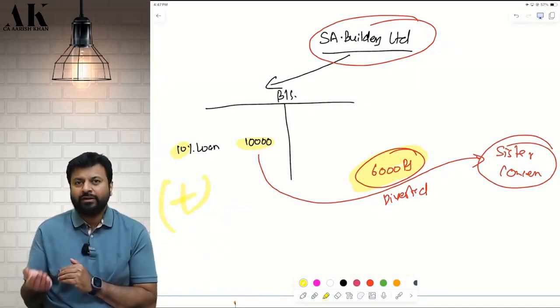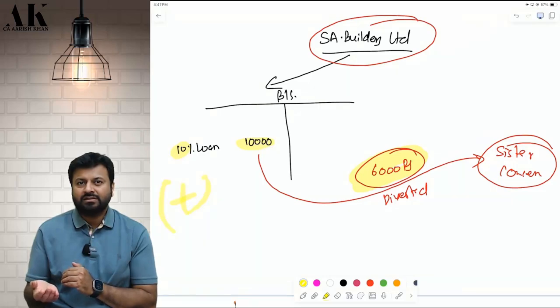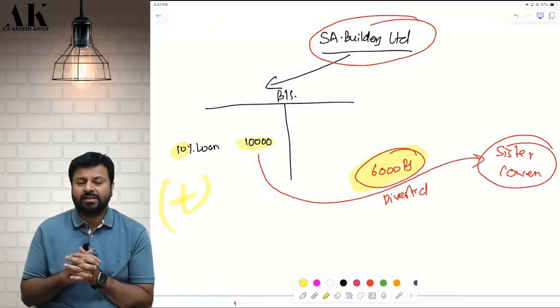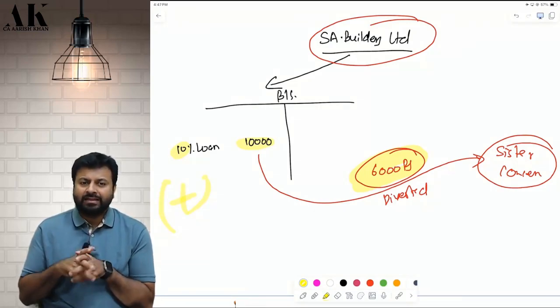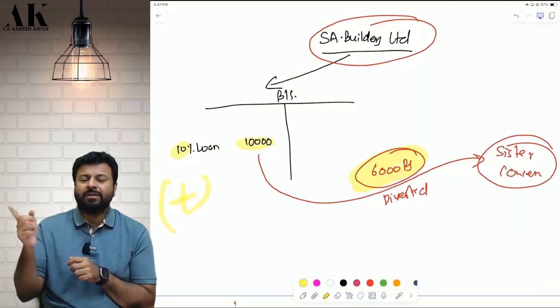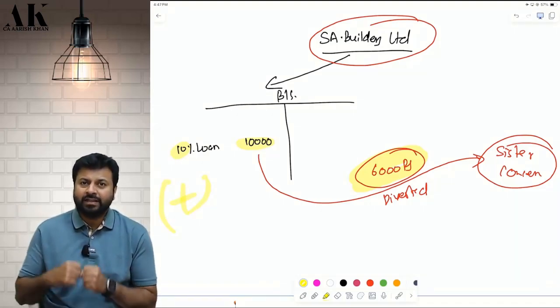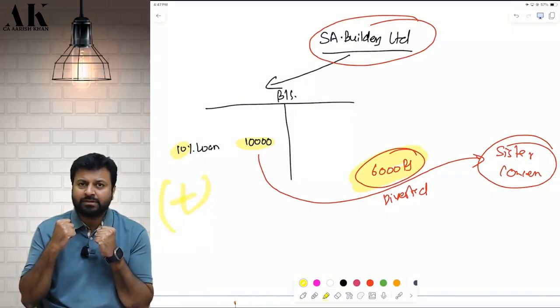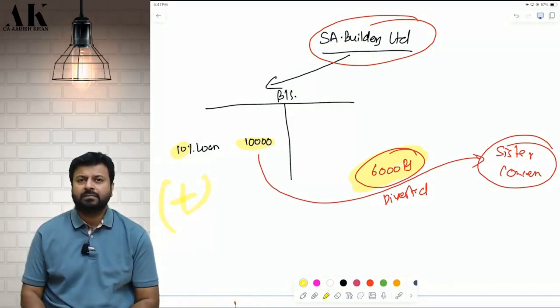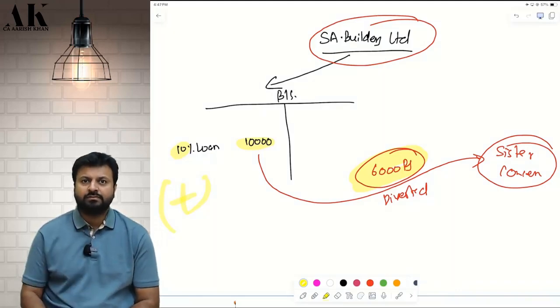If giving money to the sister concern is necessary for the business, it is going to help the business, and the sister concern is not using it for the personal benefit of directors but for the larger purpose of the business of the group, then it shall be allowed as a deduction.